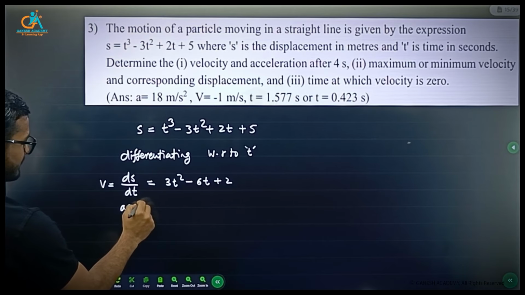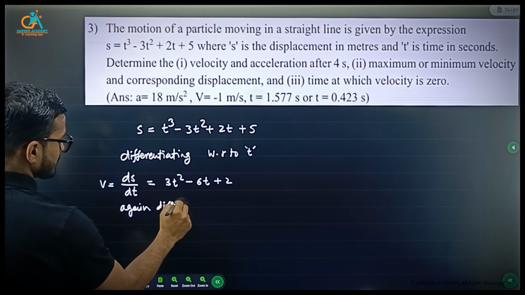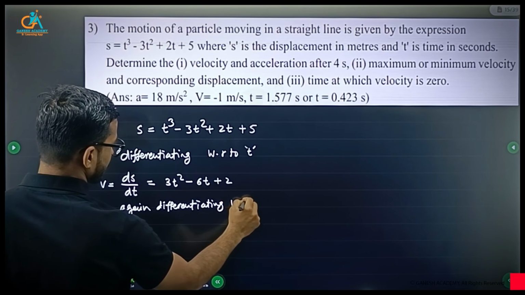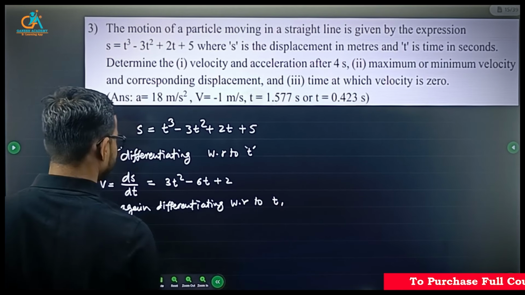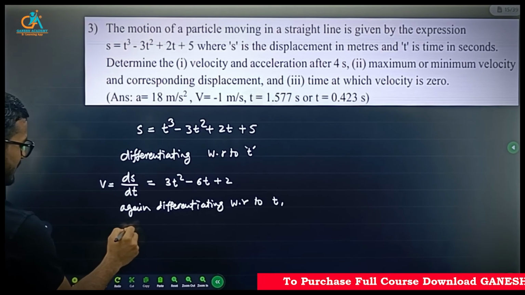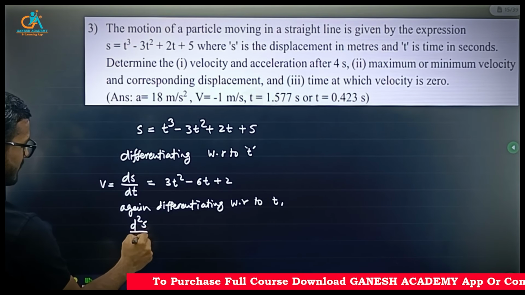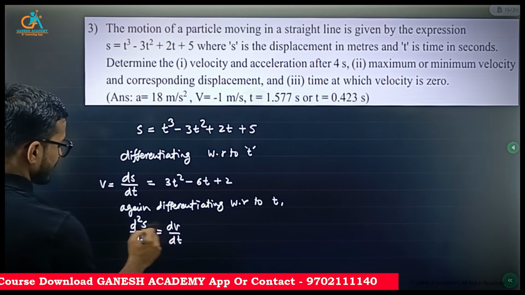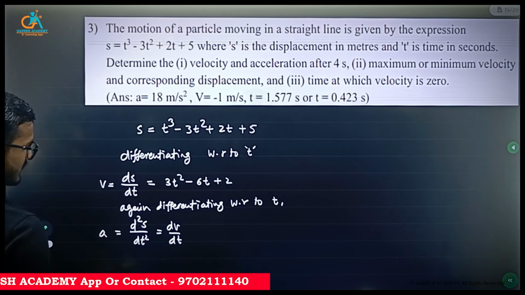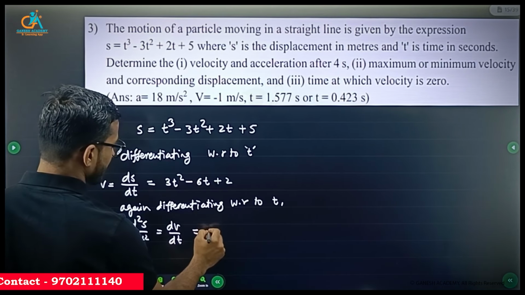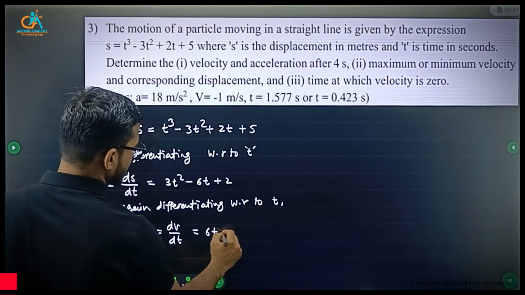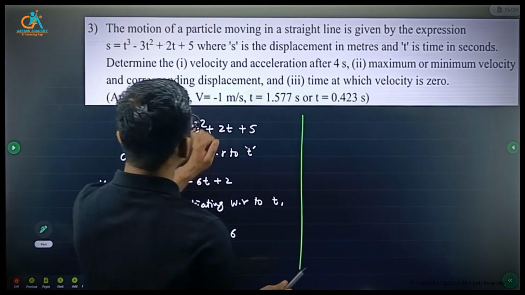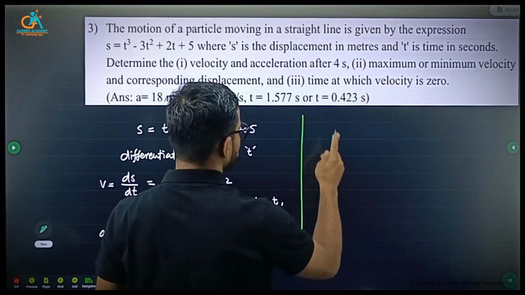Then again differentiating with respect to t, we will get second order derivative of s, or you can say dv by dt, and that is nothing but equal to acceleration function, which is equal to what? 6t minus 6.